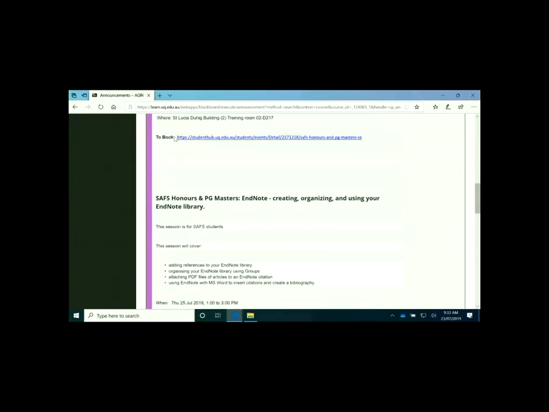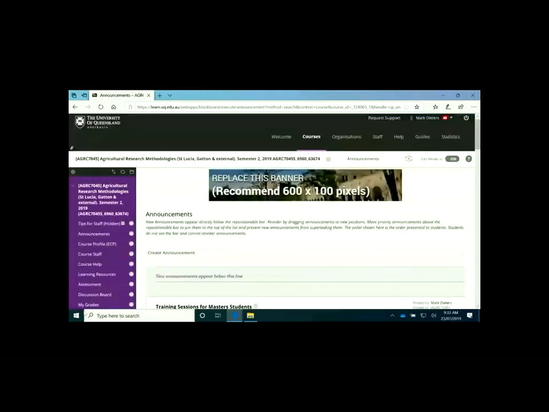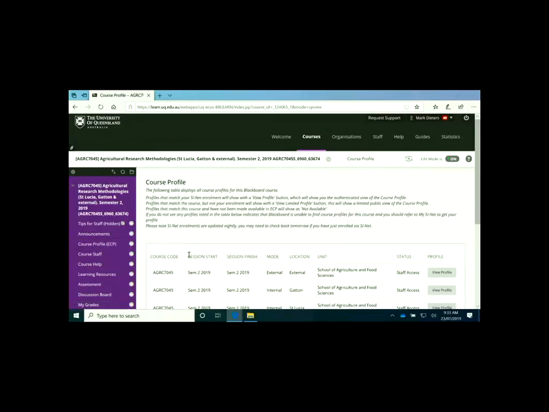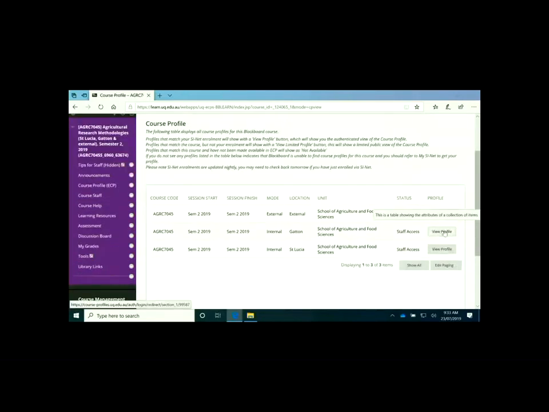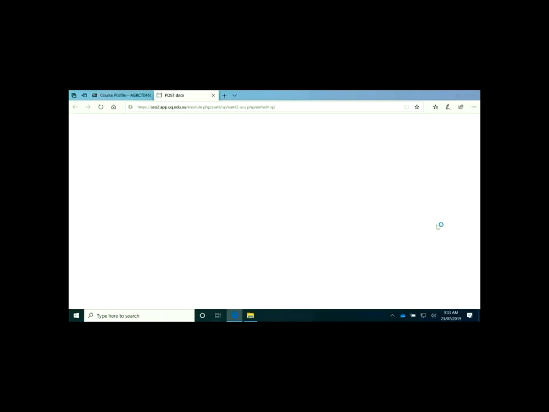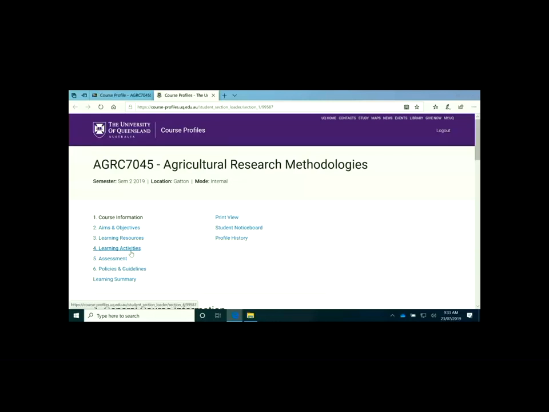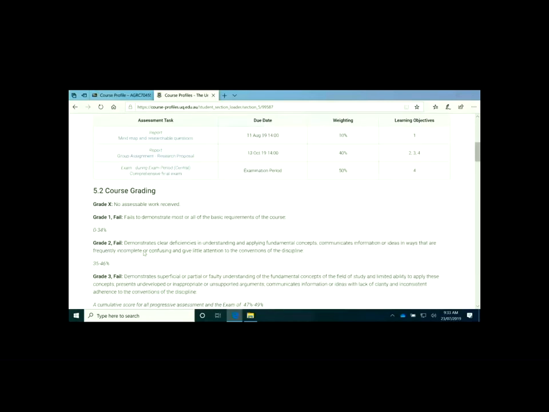So just note that. In terms of the course, if you haven't looked at it, you can access the course profiles through here. I'll just look at the Gatton one. Mostly the primary thing you're interested in is assessment, which is down here.